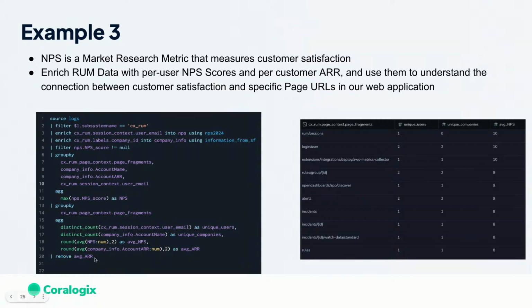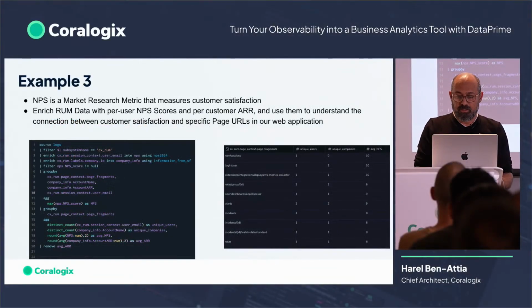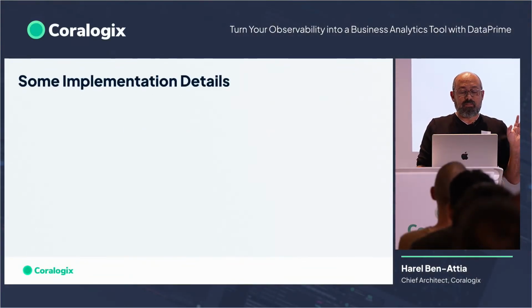I removed the average ARR, obviously, because it's still real ARR, even if it's a sample, so I didn't want to take chances, but this is not a native part of the example, the remove ARR, of course. That's it for the examples.